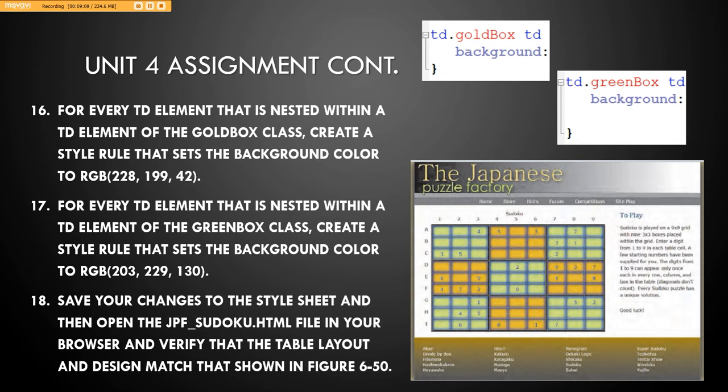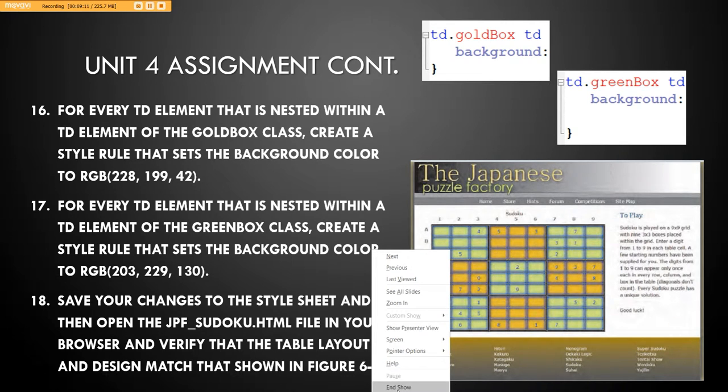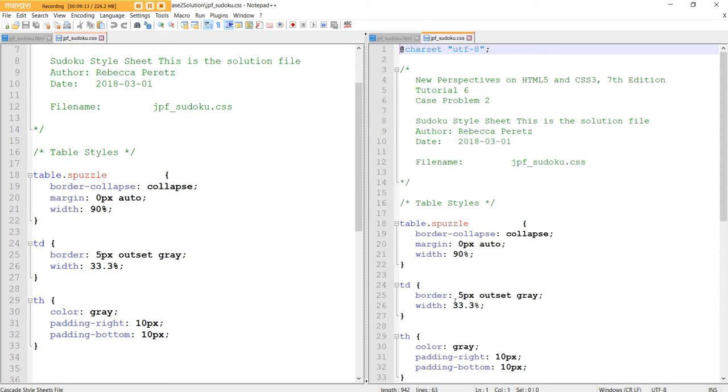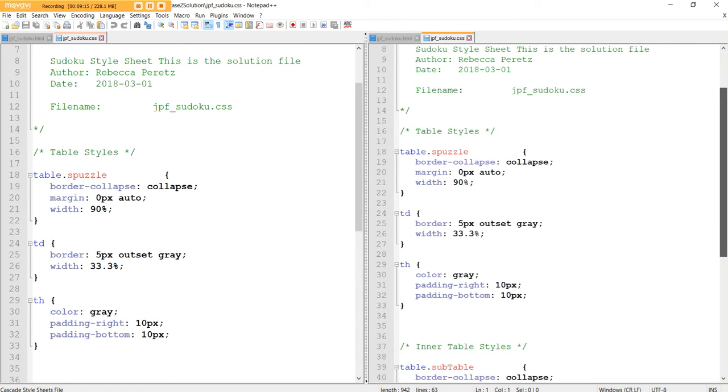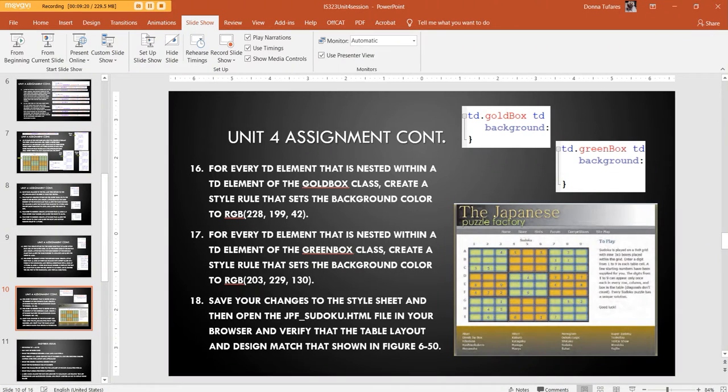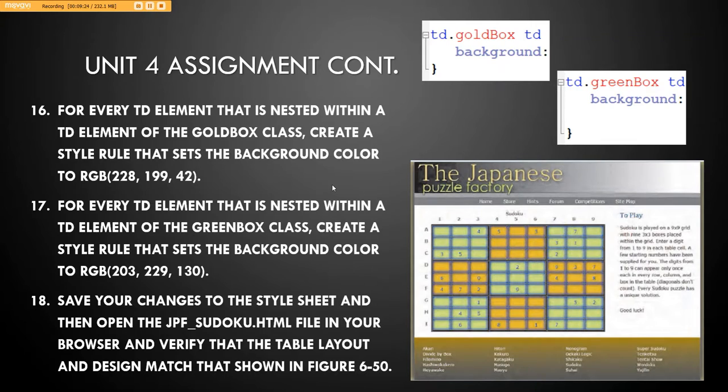So as I showed you in Notepad, this is the TH. So that's basically how you do the TH. So once you get through, your puzzle should look like figure 650.